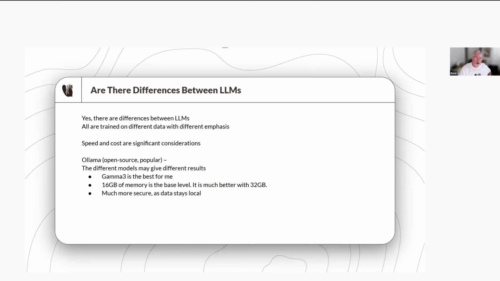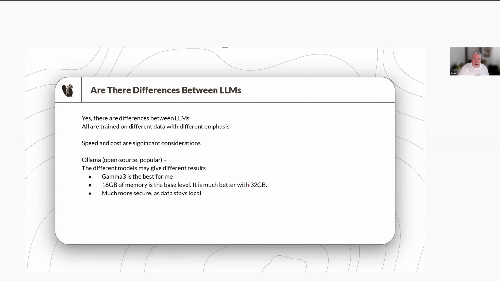Now, last webinar we had, we were very surprised with the response we got from Ollama. It's open source, it's popular, and I will admit at that time, I hadn't played a lot with Ollama, just had done very minimal work with it. Now, I've done a lot, and I can come back and tell you that with 16 gigs of memory, a lot of things will time out, not really come easily when you're asking questions.